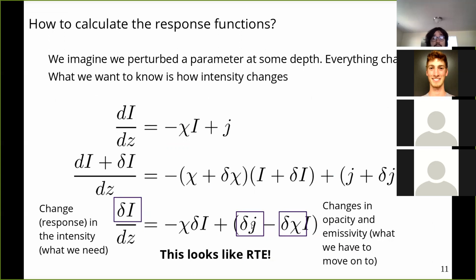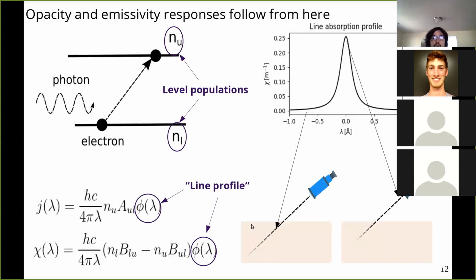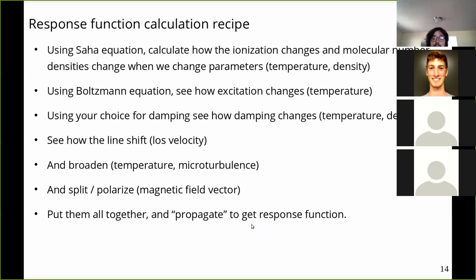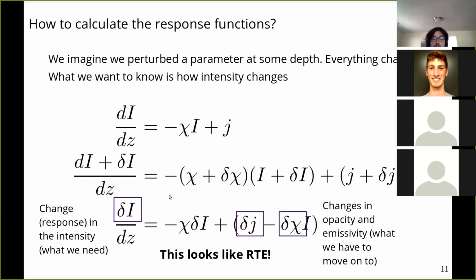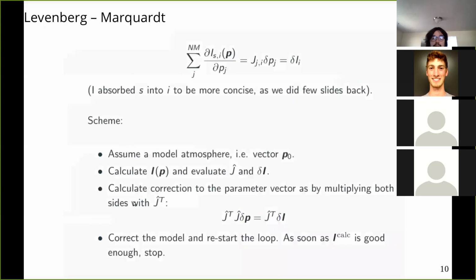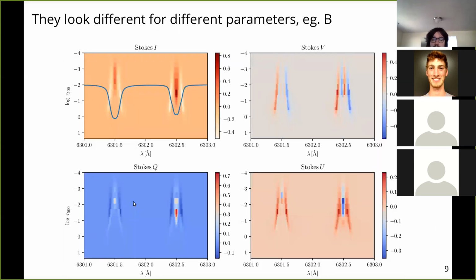And in most general cases, these opacity and emissivity perturbations will be polarized, and you will be able to calculate and, as I call it, propagate them. And by propagate, I mean solve this equation here to get the response functions, to get things like that. And an important thing is that you will have to do this for each depth.